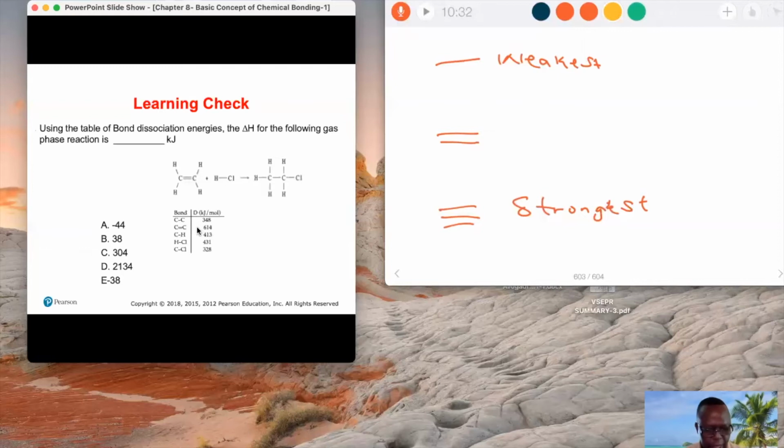You are given here the question: using the table for bond dissociation energies, find the change in enthalpy for the following gas phase reaction in kilojoules.